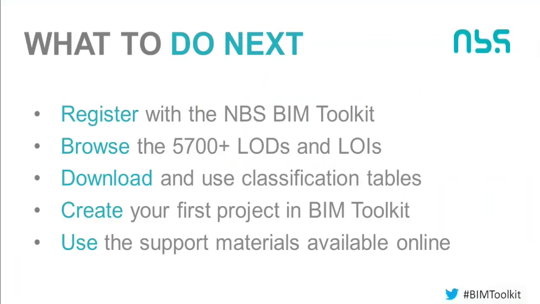And please use the support materials available online, which will only continue to evolve as we get more feedback. And please, by all means, do give us your feedback, because that's what helps us to continue to develop the toolkit in line with industry demand and industry need.